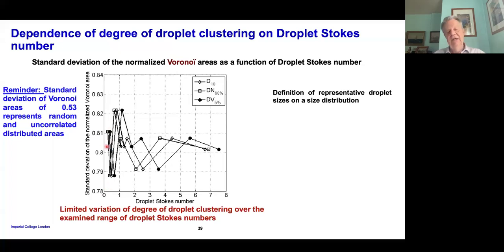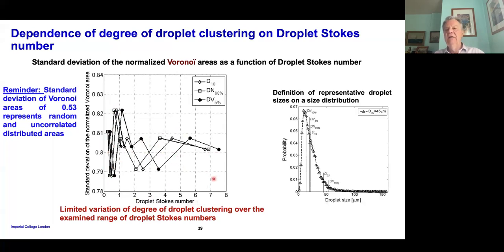So you do have effectively very strong redistribution and formation of clusters. And you see how things change with the Stokes number: these variations are then reduced. Typically, when you calculate these mean diameters, they represent different parts of the size distribution accordingly.